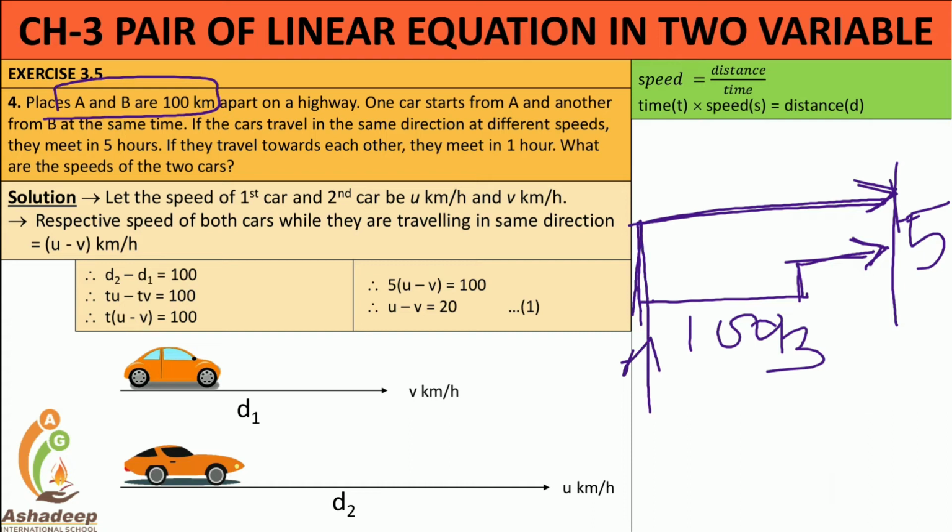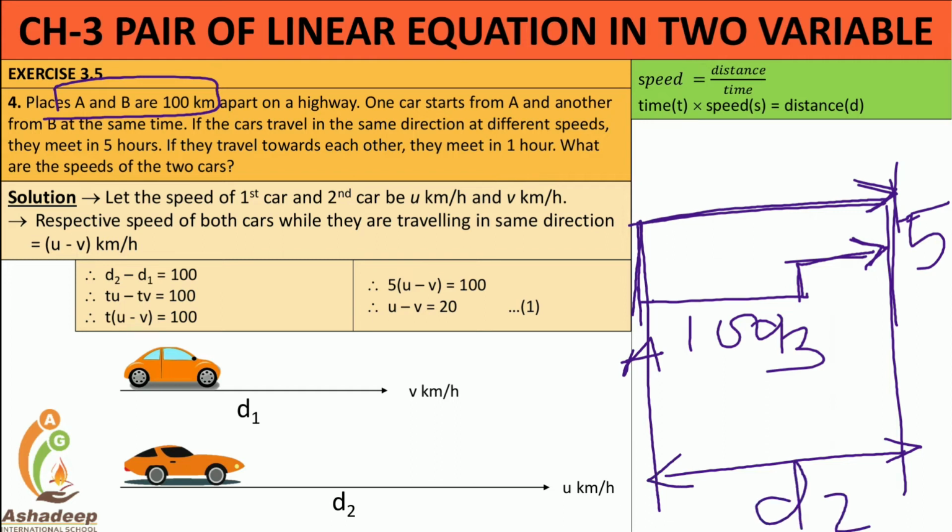A and B are 100 kilometers apart. Now consider this. For example, car A travels the distance D2 and car B travels the distance D1. Now it is simple.